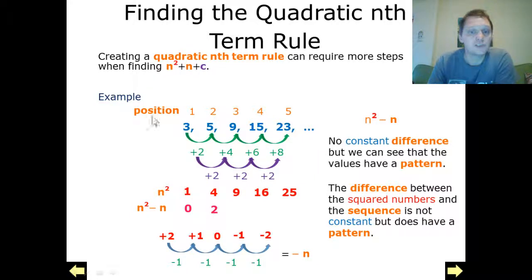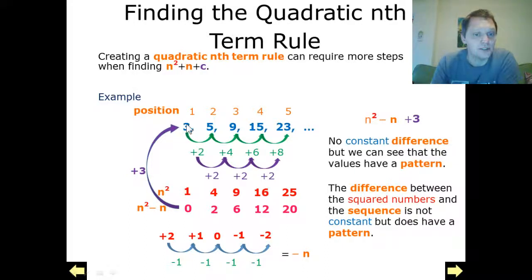Now I'm going to substitute my value each time for my position into my n squared minus n. So 1 squared minus 1, that gives me 0, and so on and so forth. So I've got 0, 2, 6, 12, and 20. Now with my newly created sequence, I'm going to see if there's a constant difference between this and my original sequence.